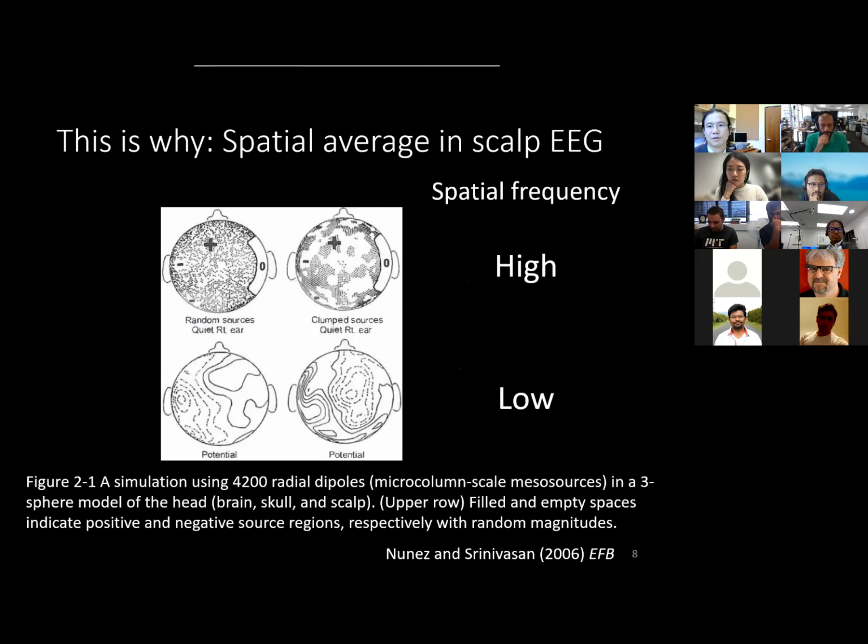Well, one technical question is, okay, why is the scalp recorded EEG so poor in terms of the amount of information? And this is basically the result. And the answer is the spatial averaging caused by this layer of biological tissues, which is cerebrospinal fluid, scalp.